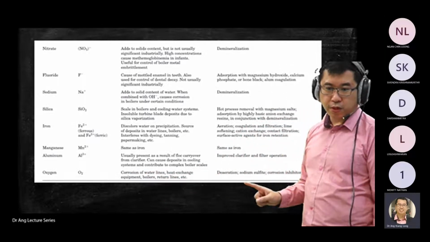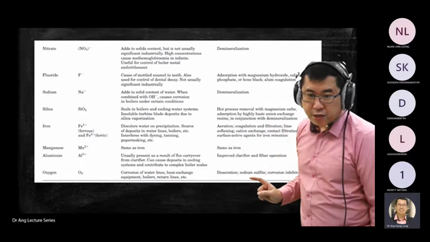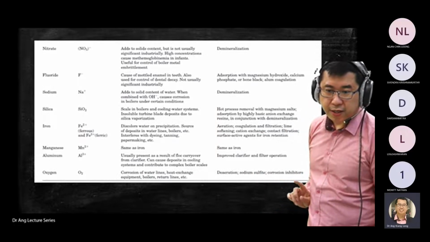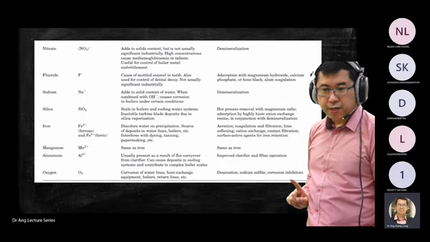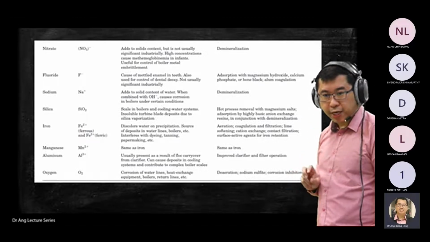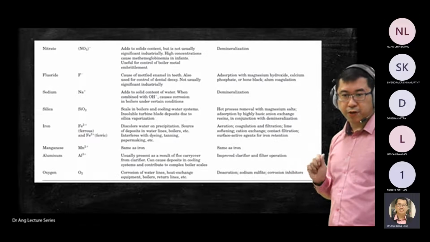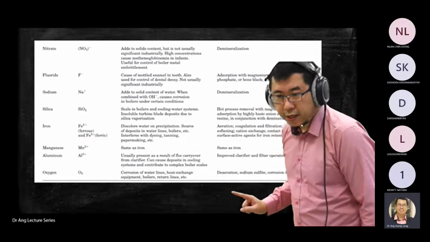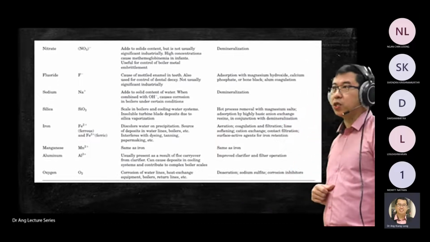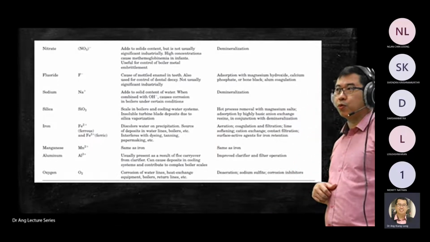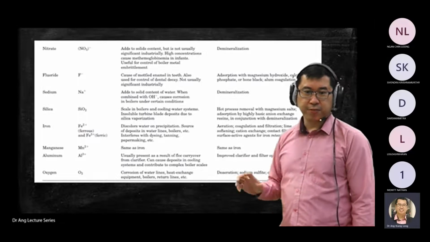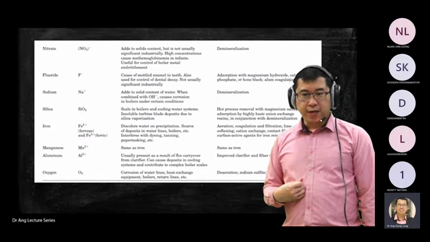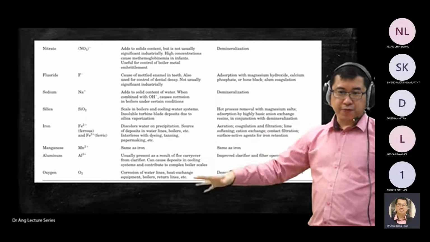So the treatment will be, you put in sodium sulfite, you put in inhibitor. Corrosion inhibitor means there's a chemical that protects against oxygen, for example. This one is what? Deaeration. Deaeration means you take out the oxygen in the process.